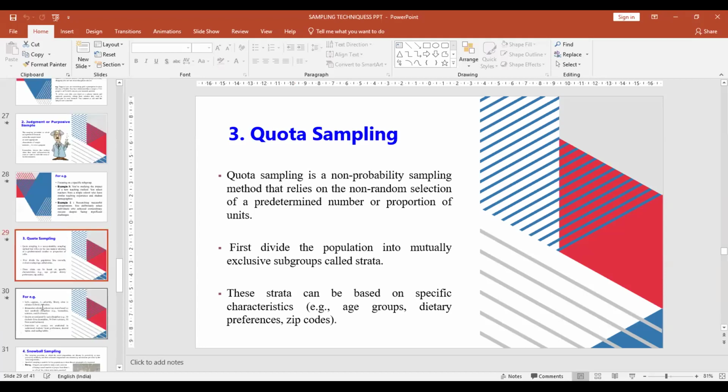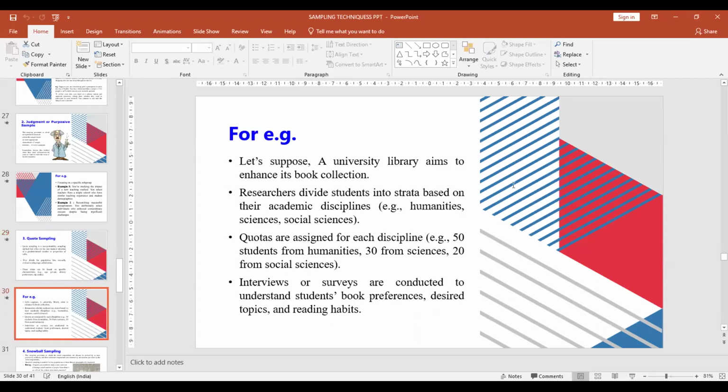Researchers divide students into strata based on their academic discipline: humanities, science, and social science. Quotas are assigned for each discipline: 50 students from humanities, 30 from science, and 20 from social science. So the researcher will go to only 50 students from humanities, 30 from science, and 20 from social science.